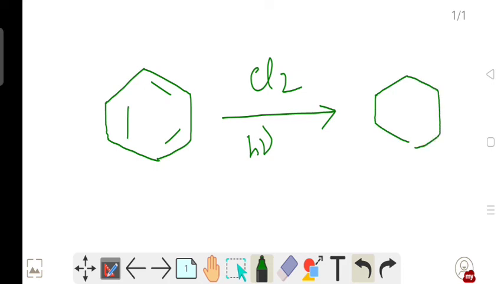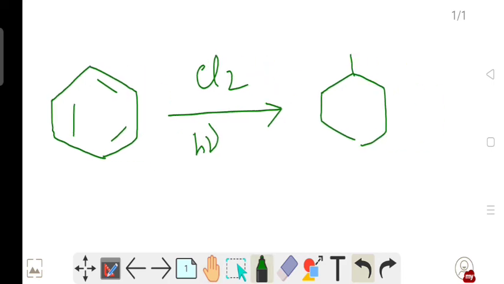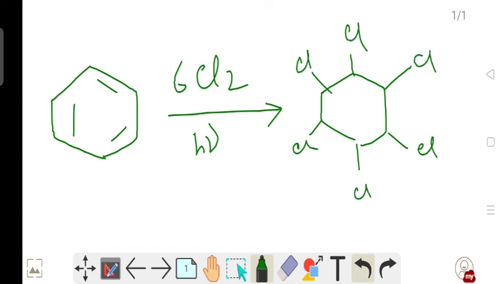All the double bonds will break, and with 6 chlorine atoms, all the double bonds break down and it forms hexachlorobenzene. Okay, so this is another reaction. So this is the addition of halogen to the double bond.